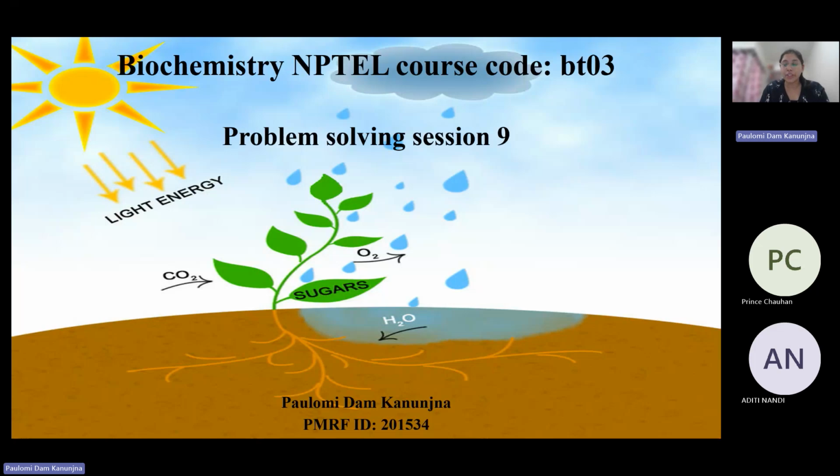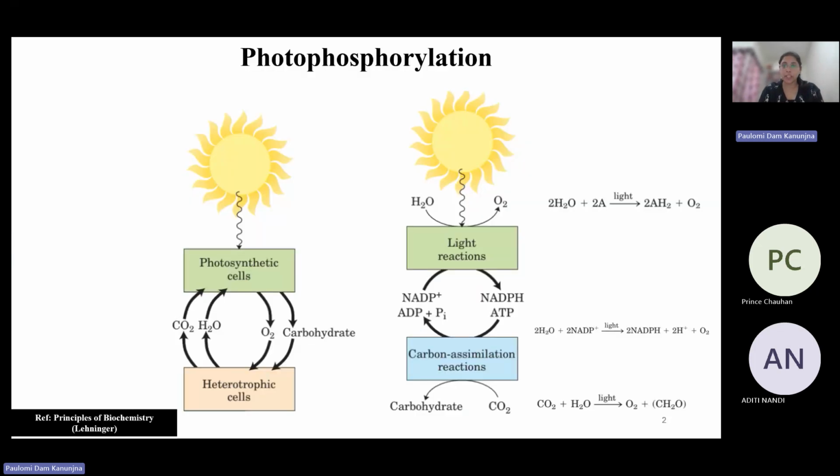Okay. And as you would have seen in the notes, it covered two aspects, light reactions and dark reactions. So these are the two parts that we'll be covering in today's session. Right. So photophosphorylation is basically photosynthesis. What is photosynthesis? We most commonly know it as being present in plants, but we also know now that it's present in a variety of bacteria and unicellular eukaryotes like algae.